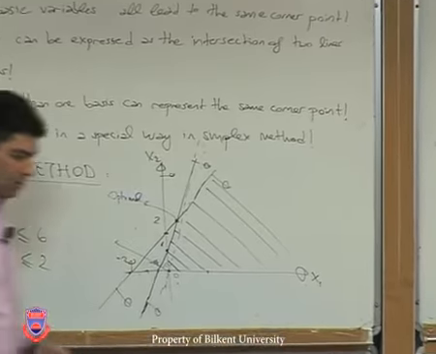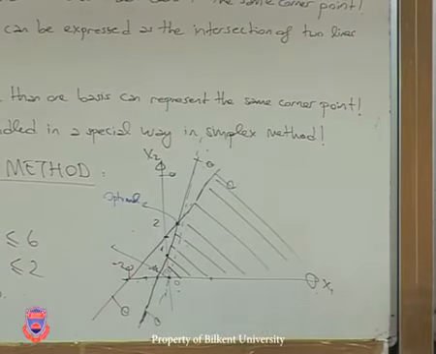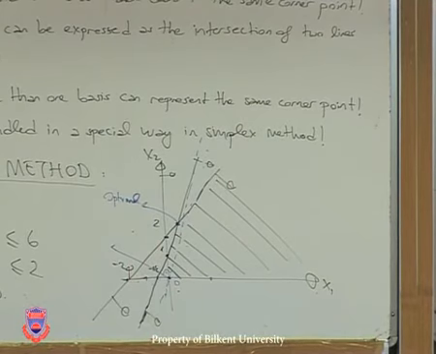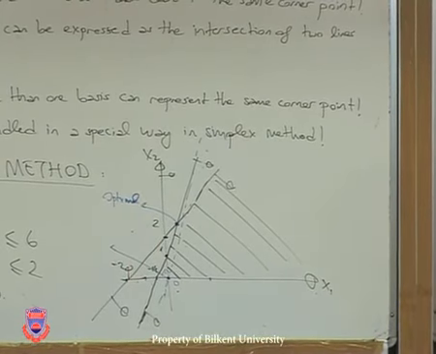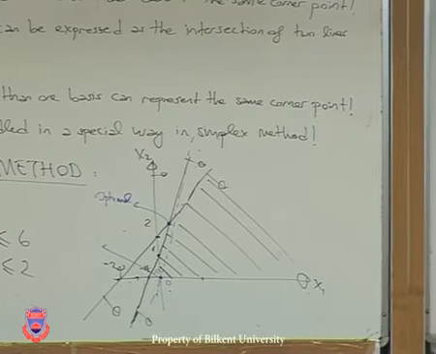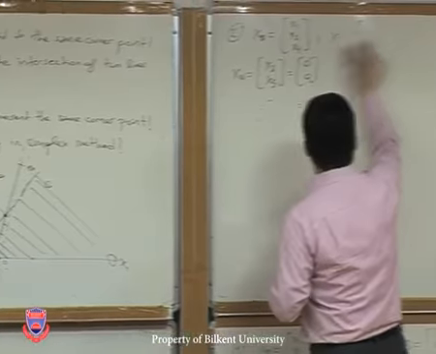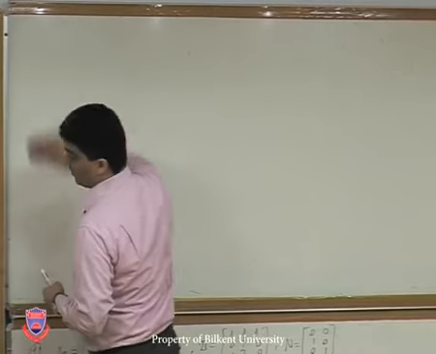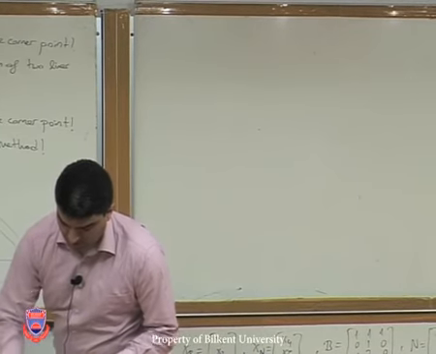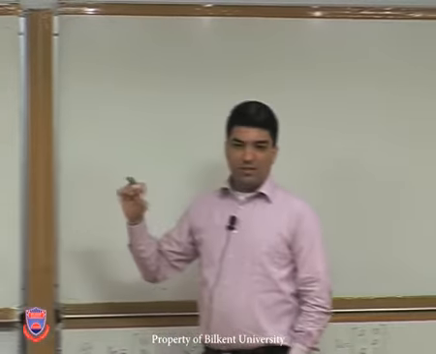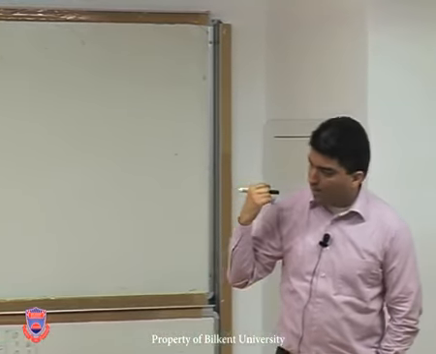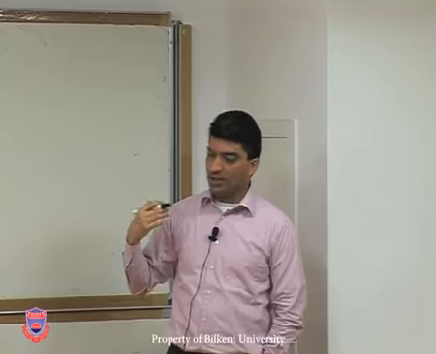And what I'm going to do is I'm going to try to solve this problem using the simplex method. Okay, so we know the graphical solution. So the question is, how can we solve this problem using the simplex method? So remember, we discussed the correspondence between basic feasible solutions and corner points.